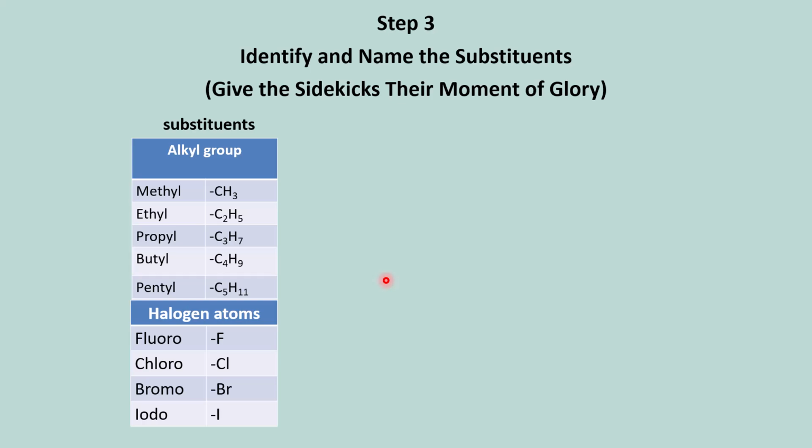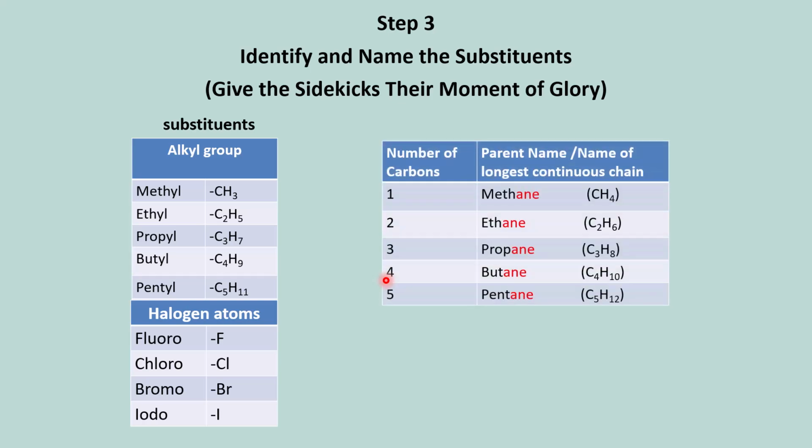For the alkyl group, one easy way to remember them is by comparing against the table we saw earlier in the lesson. If the number of carbon atoms in the longest continuous chain is 1, we have methane, which is CH4. But look at this, methyl has CH3. Keep that in mind.